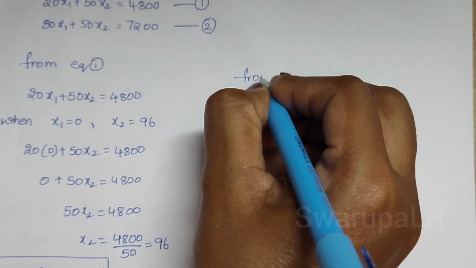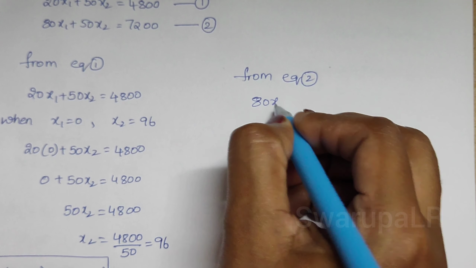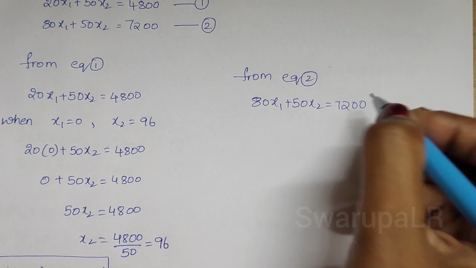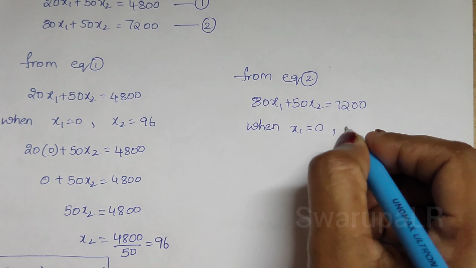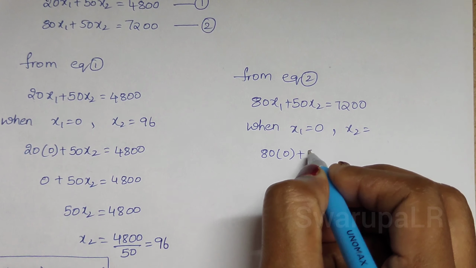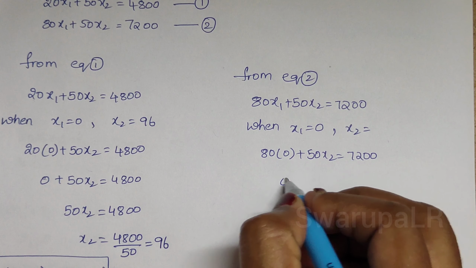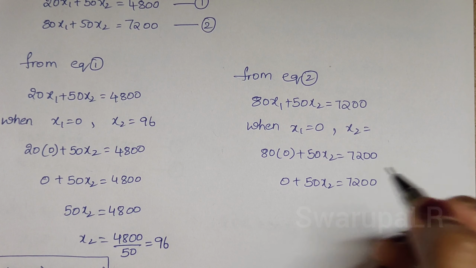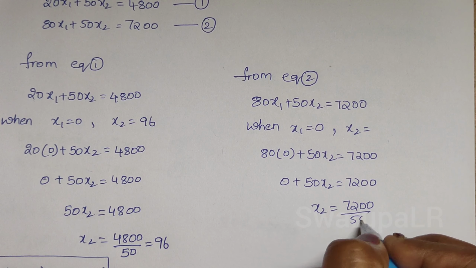And from equation 2, 80x1 plus 50x2 is equal to 7200. When x1 is equal to 0, x2 value we have to find out. 80 into 0 plus 50x2 is equal to 7200. 0 plus 50x2 is equal to 7200. x2 is equal to 7200 divided by 50.